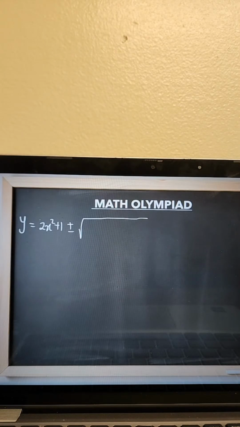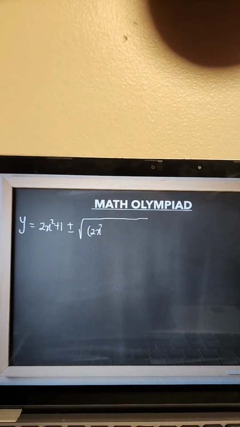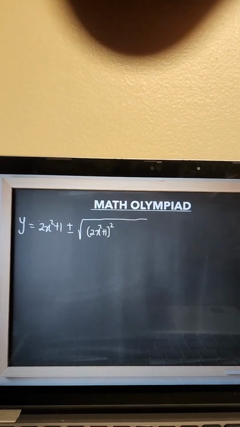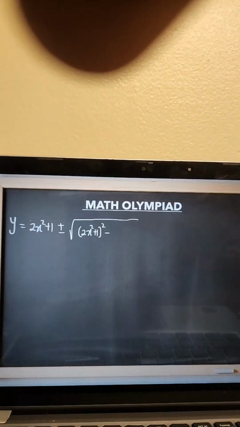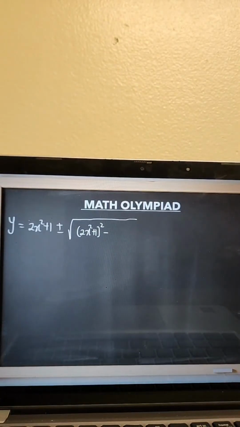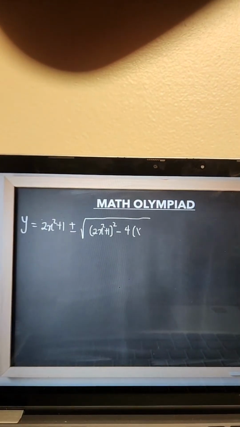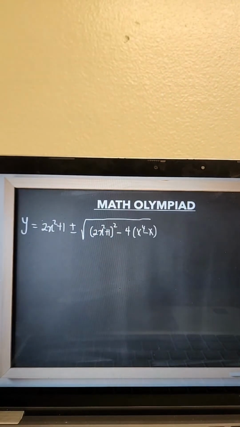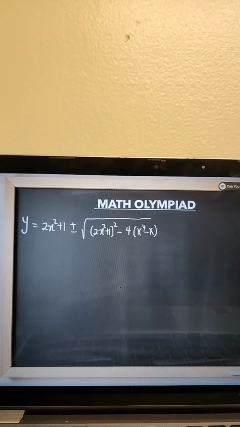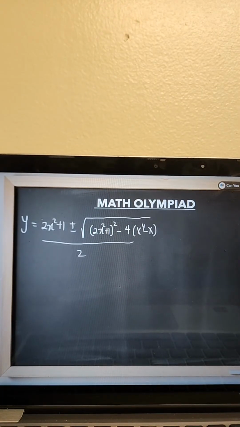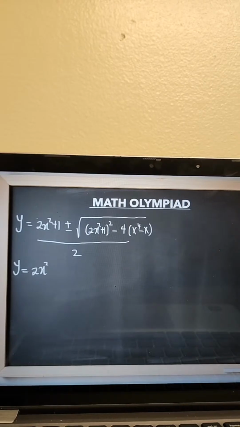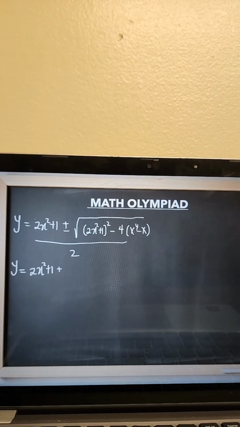So if you square the negative sign here, the negative is going to be squared, which is 2x squared plus 1 squared, minus 4ac, which is minus 4 into parentheses x to the power of 4 minus x, all divided by 2. So here I'm going to have y to be equals to 2x squared plus 1 plus or minus.